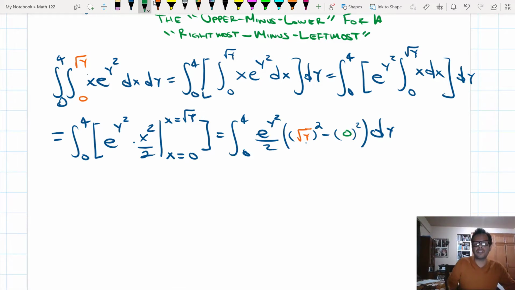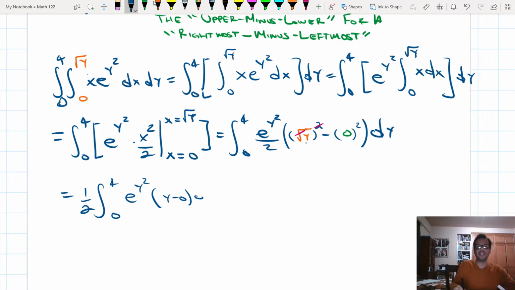So this second term is going to go to 0, and again the radical symbol will cancel the power of 2, leaving us with only, I'm going to take this 1/2 outside of the integral, integral from 0 to 4 of e to the y squared times y minus 0. But what is y minus 0? Isn't that just y?